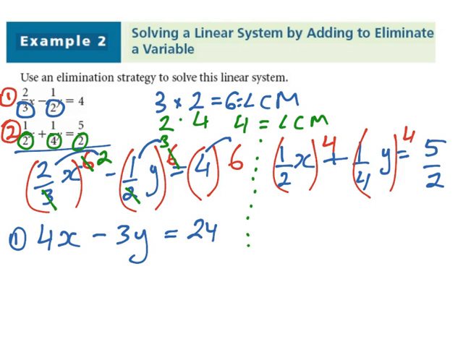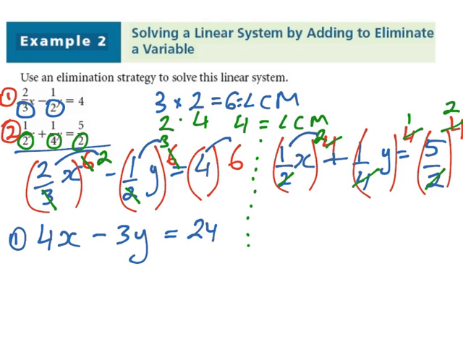And again, we're going to use simplification or division. We know that 4 divided by 2 is 2. We know 4 divided by 4 is 1. And 4 divided by 2 is 2. Then, instead of having fractions, we're going to multiply the numerators together. 1 times 2 is 2.